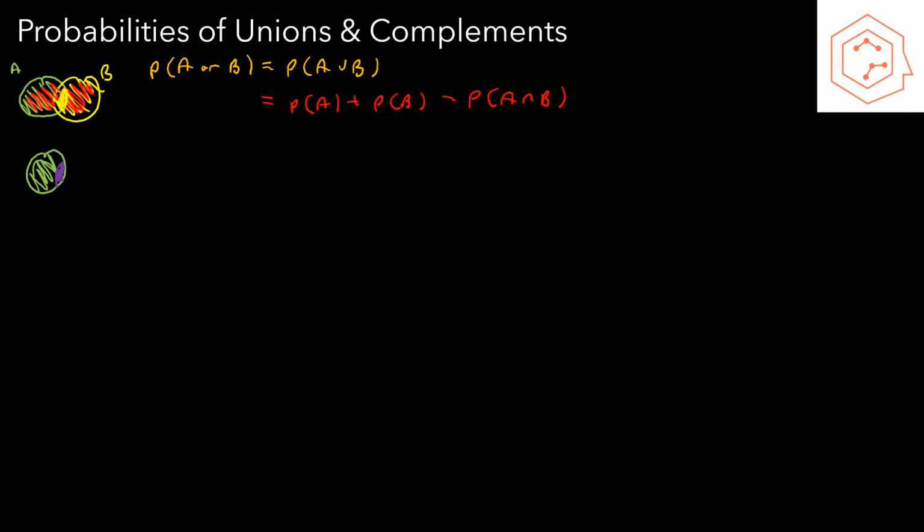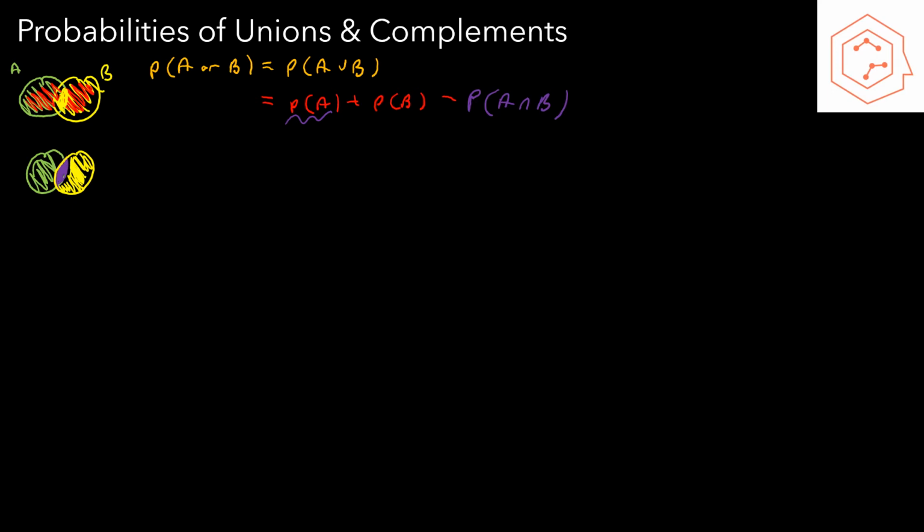I'll rewrite that with a different color to make it more clear. The common region between them is already accounted for when we add A. So that common region is already inside the probability of A. So when we add B, we're adding it twice, but we only want to add this slice of B. So we subtract because we're accounting for it twice.